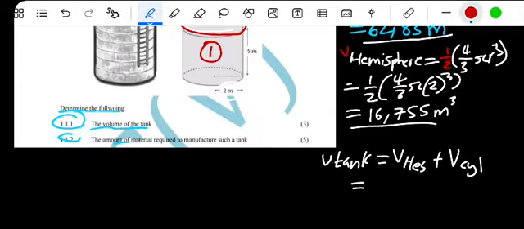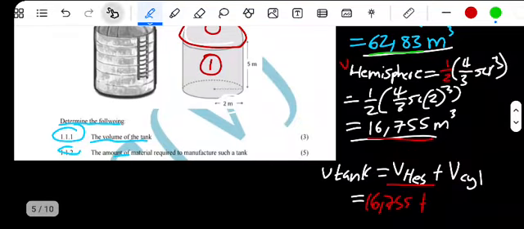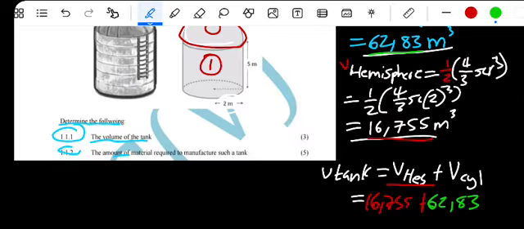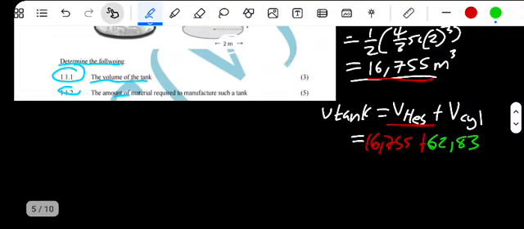Let me start with the volume of the hemisphere, 16.755, plus the volume of the cylinder, 62.83. Therefore, what will be the volume of the tank?